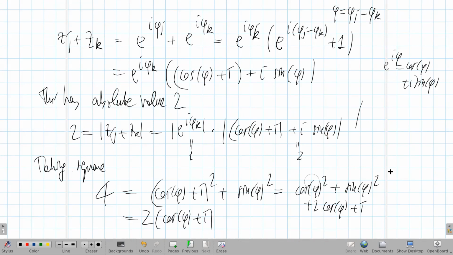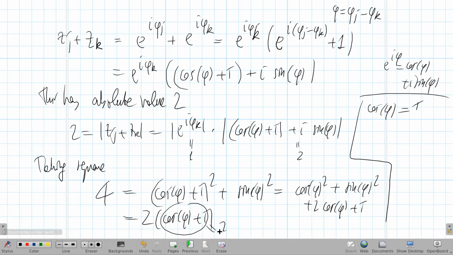Let's finish on this page because it's clear. So we obtain that this is 2. Am I right? Just a second. Oh no, sorry, this is 2, yes. And so cos phi has to be 1.